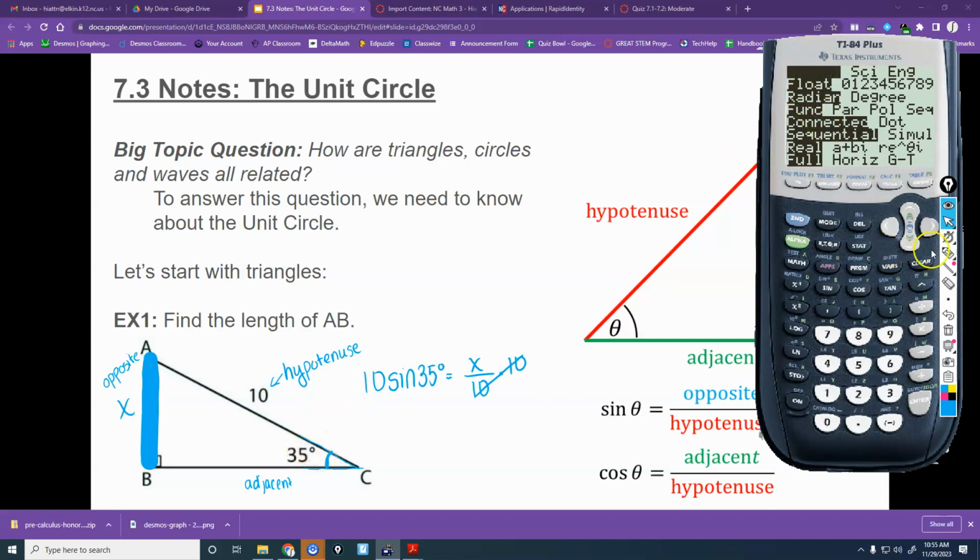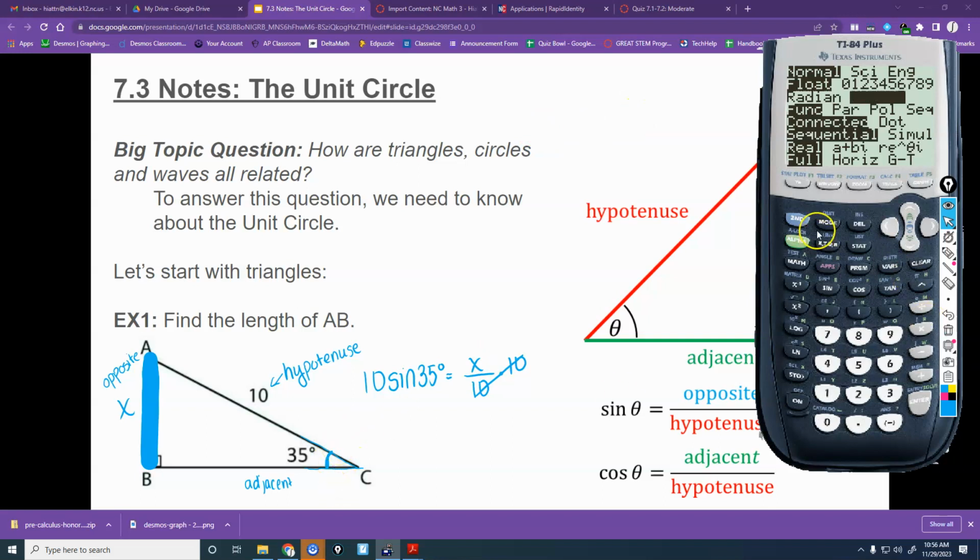So go down to that third line, over to where it says degree, and hit enter. Hit mode, which is right beside that blue button, then go down to the third line, over to degree, hit enter. There might be some that were already on degree, but if they have been reset recently, they're on radians.